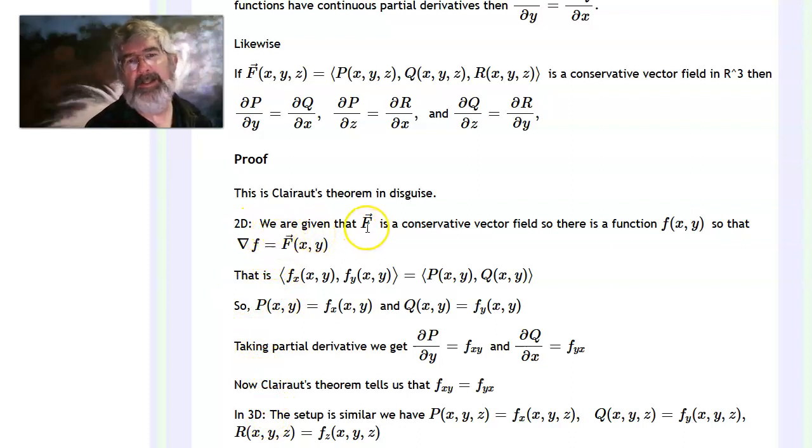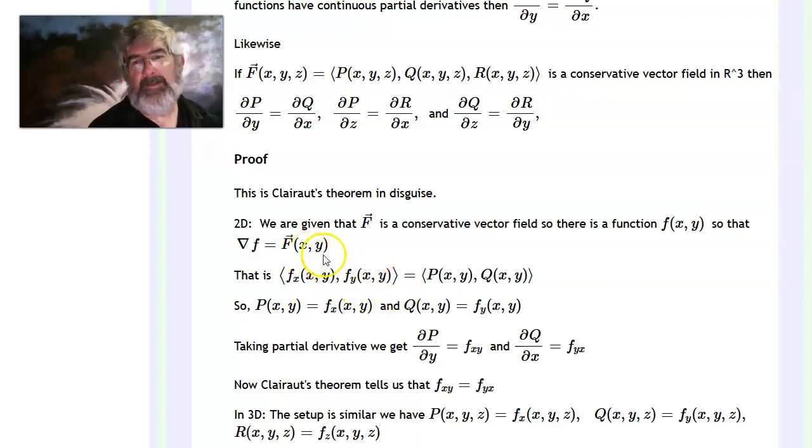We're given that capital F is a conservative vector field. So there's a potential function. There is some function, little f of xy, so that the gradient of little f is equal to the vector field capital F. Well, remember, the gradient of little f is calculated by taking the partial of little f with respect to x as the first component, and the partial of f with respect to y as the second component.